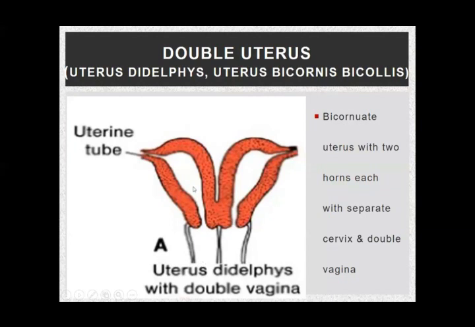Two horns of uterus, separate cervix, and two vagina. So you literally have two uterus which are joined together at the lower end, but joined only at the lower end. But you practically have two uterus.